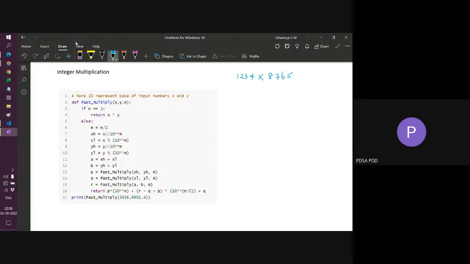So let us look at another way of writing this. Say you have 12 into 100 plus 34, which is this value, whole multiplied by 87 into 100 plus 65. Is this okay? Let me know if you're not able to understand. These are simple arithmetic, I'm just writing it so that we can go ahead. Now you have 12 into 10 power 2 plus 34, and 87 into 10 power 2 plus 65.